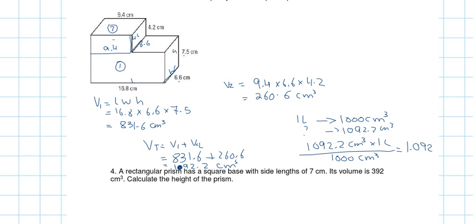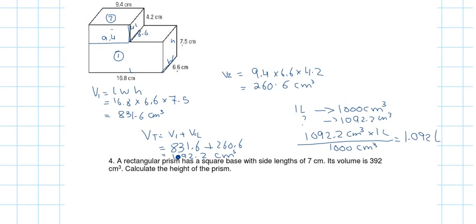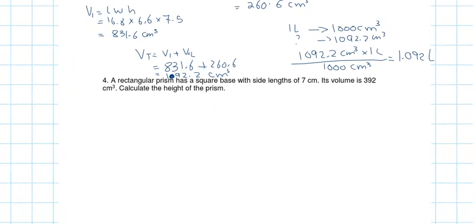Okay, I need all your attention on this next question. I have a rectangular prism that has a square base with side length of 7 centimeters and its volume is 392 centimeter cube. Calculate the height of the prism.